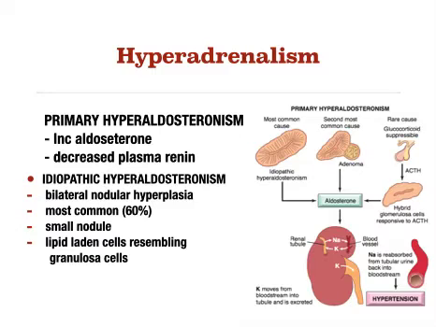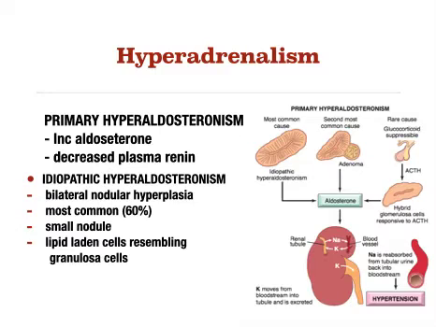glucocorticoid-remediable hyperaldosteronism. For idiopathic, this is often bilateral, meaning it involves both adrenal glands, and there is nodular hyperplasia of both glands. This accounts for about 60% of cases of primary hyperaldosteronism.